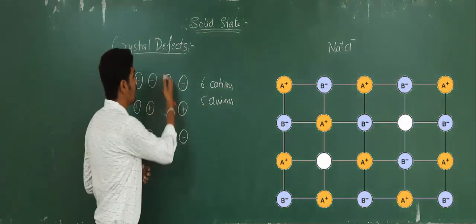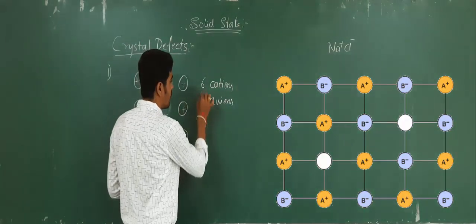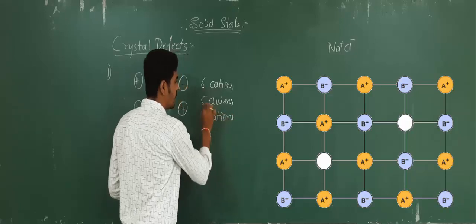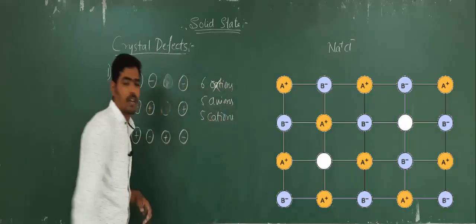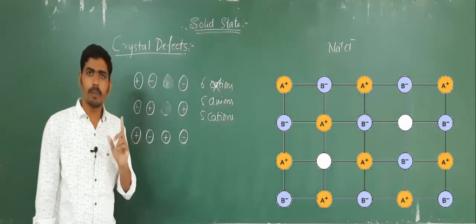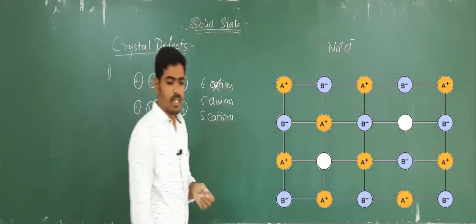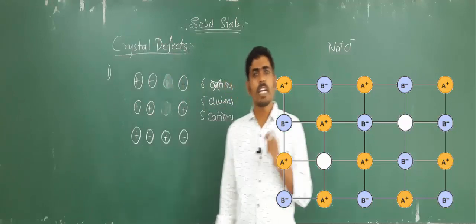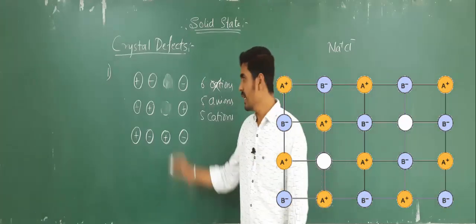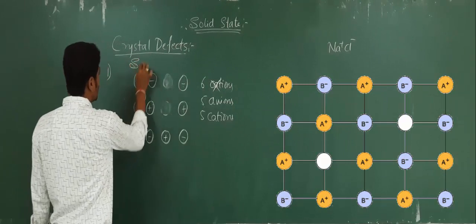One of the cations also gets removed. Therefore, the number of cations now becomes 5. So 5 anions and 5 cations will be present in this crystal in order to maintain electrical neutrality. So in ionic crystal there is missing of an equal number of cations and anions, leading to a defect. That defect is said to be Schottky defect.